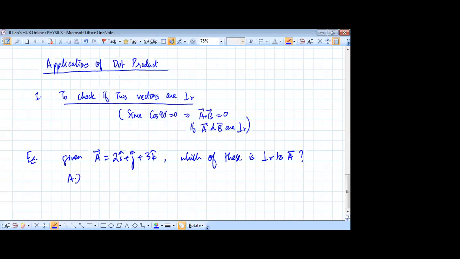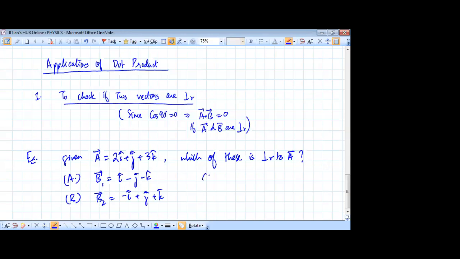So option A, suppose in this question, is given to us as vector B1 is equal to i cap minus j cap minus k cap. Then option B, suppose, is given as vector B2, as minus i cap plus j cap plus k cap.